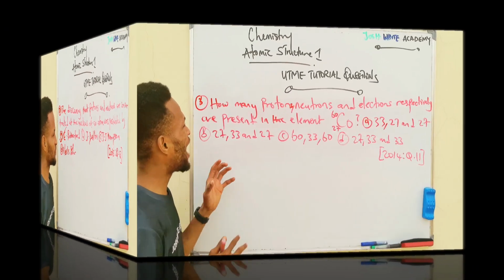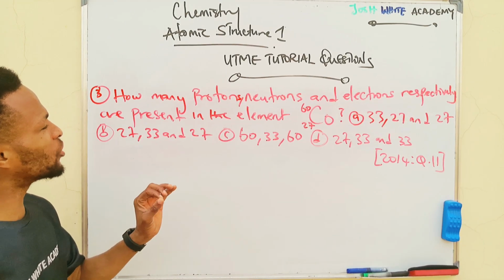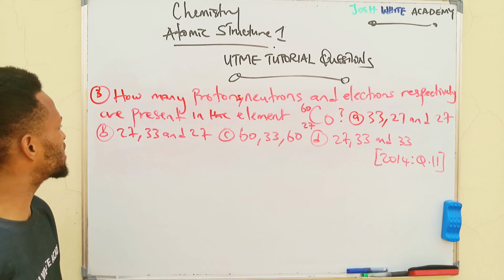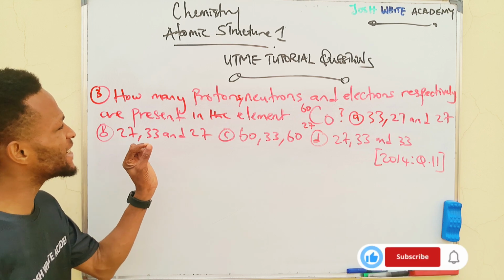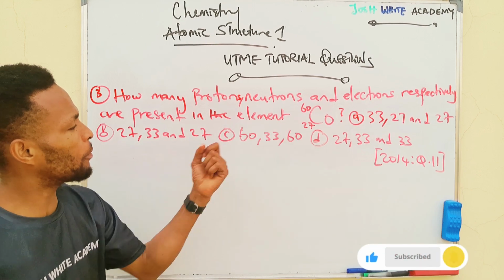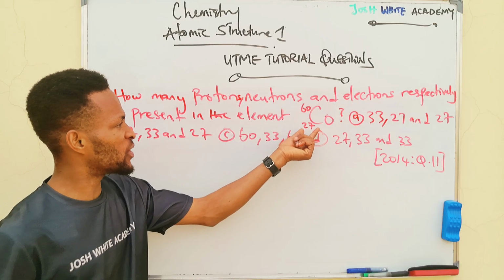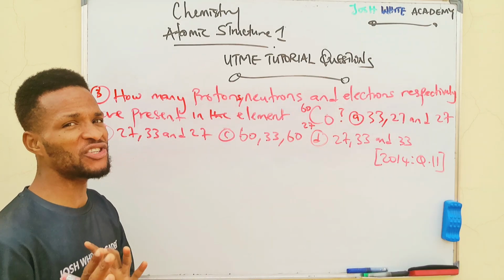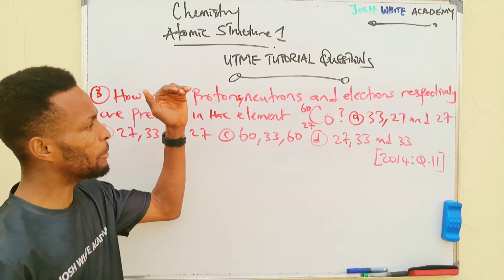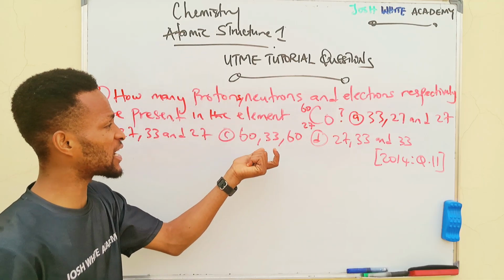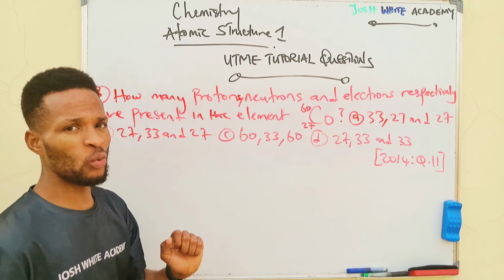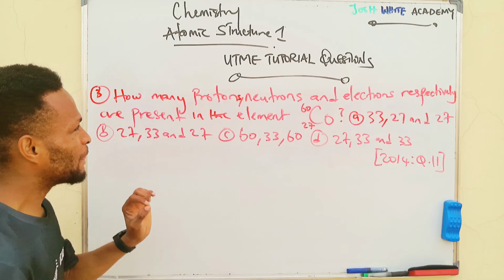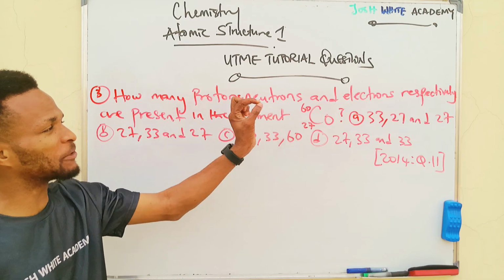To the next question. How many protons, neutrons, and electrons respectively are present in the atom cobalt? It has 27 atomic number and 60 mass number. Always note that the mass number is above, whereas the atomic number is below. Now, please take note of that word respectively.